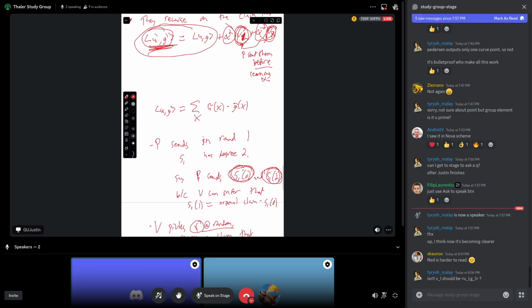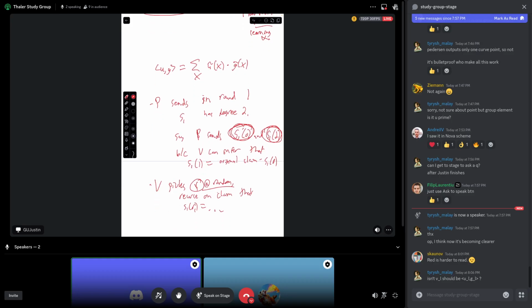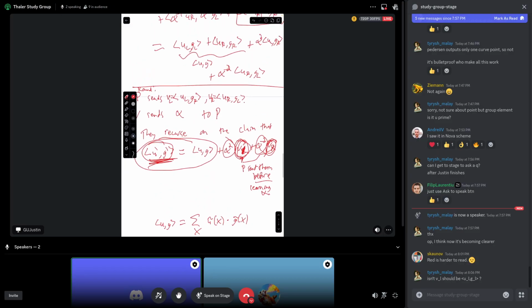Just like in the sum check protocol, if the prover knew in advance what random point the verifier was going to evaluate S1 at, it could easily cheat. S1 could be a complete lie, but arranged so that it looks right only at R1. Similarly, if the Bulletproofs prover knew what alpha was going to be when it sent VL and VR, it could easily arrange for this equality to hold only at the particular alpha that it knows in advance, but not for any other alphas.